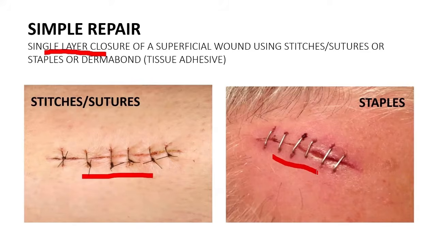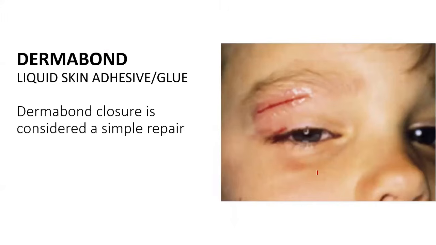If it is stitched or stapled in a single layer, it is a simple repair. Using Dermabond, which is a tissue adhesive or a glue, to close the skin edges is also considered a simple repair.